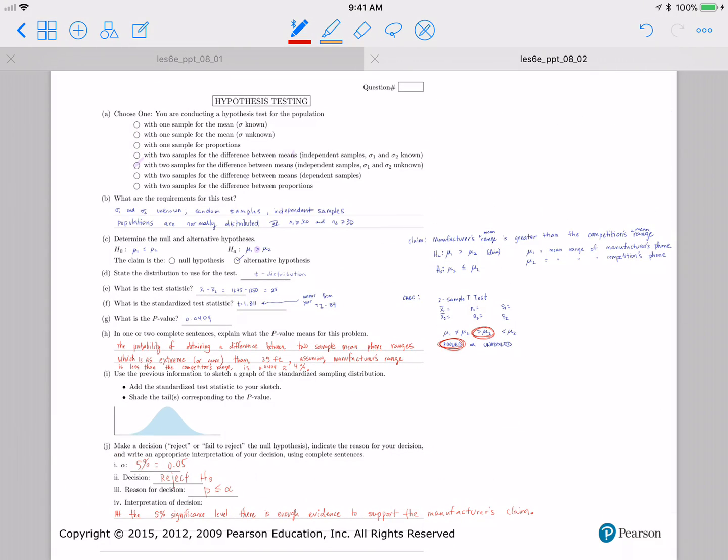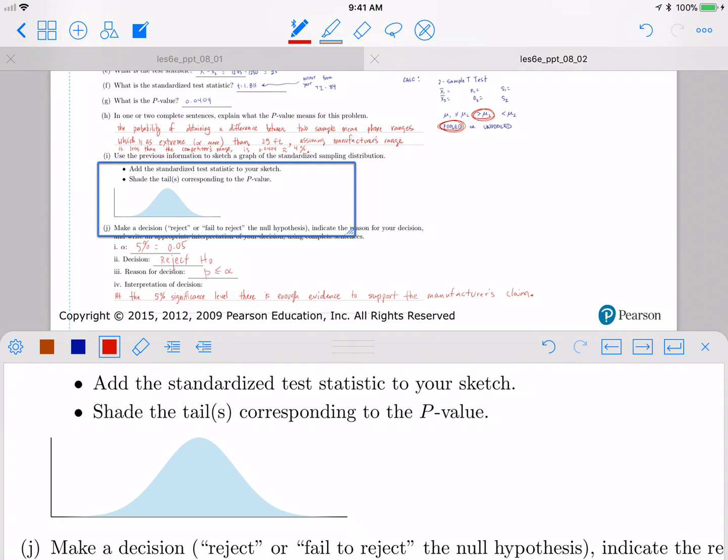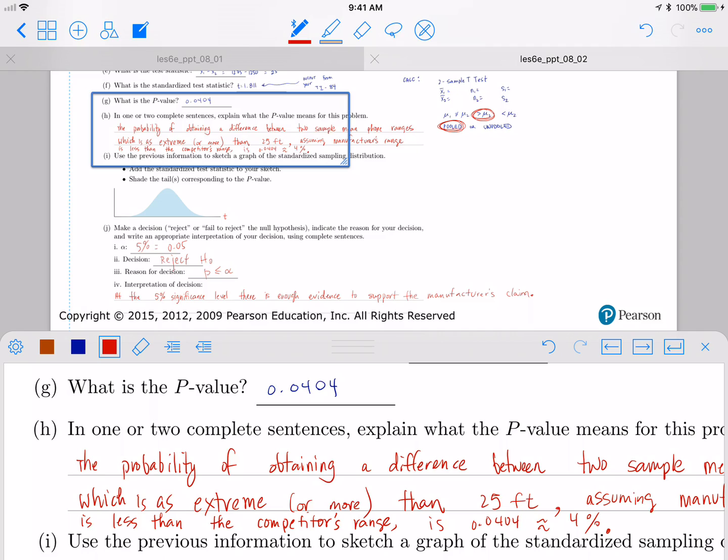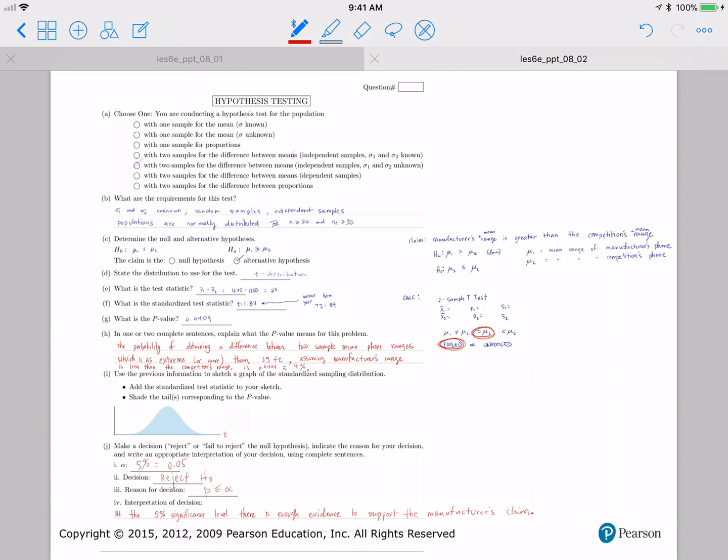Okay, and the last thing we want to do is sketch our sampling distribution. Because we're doing a t-distribution, let's label the axis as t. Our p-value is going to be 0.0404.